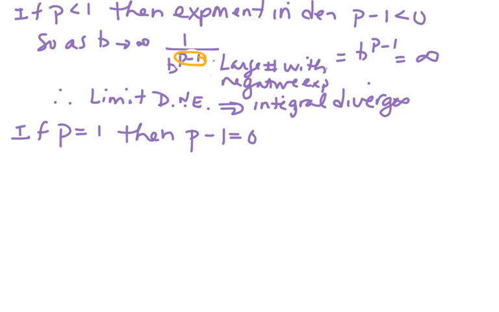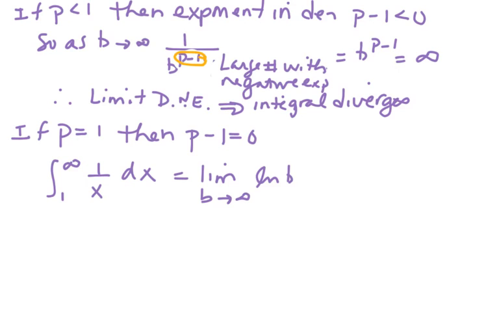So the integral from 1 to infinity of 1 over x dx is equal to the limit, excuse me, I'm losing my voice here, the limit as b goes to infinity of ln of b, right? You have to replace this.